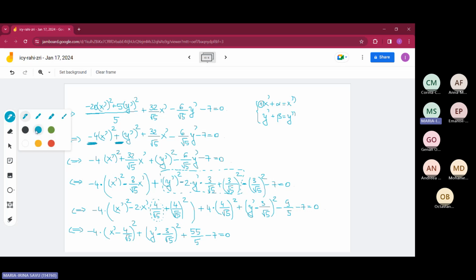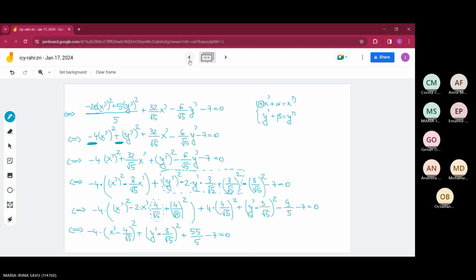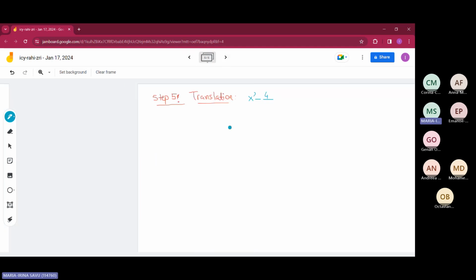This was denoted as step 5, translation.